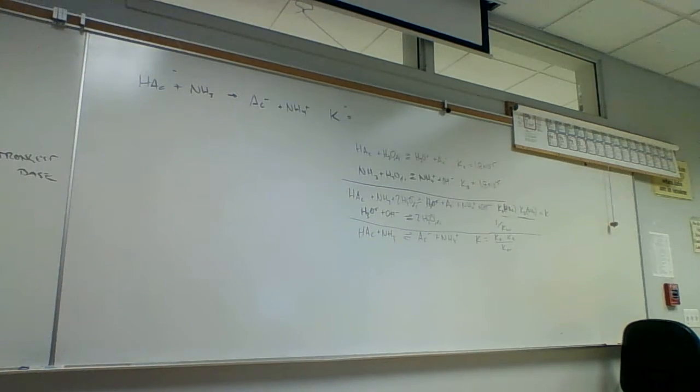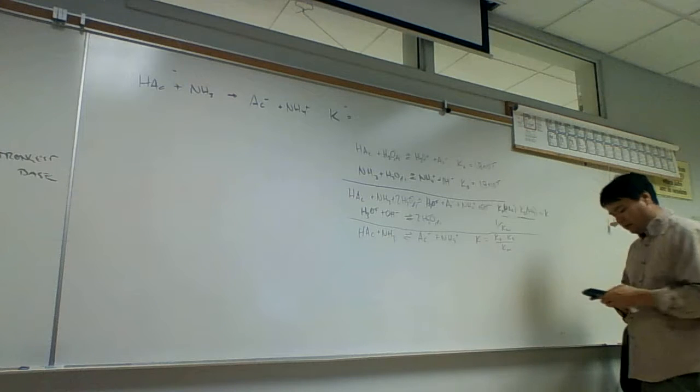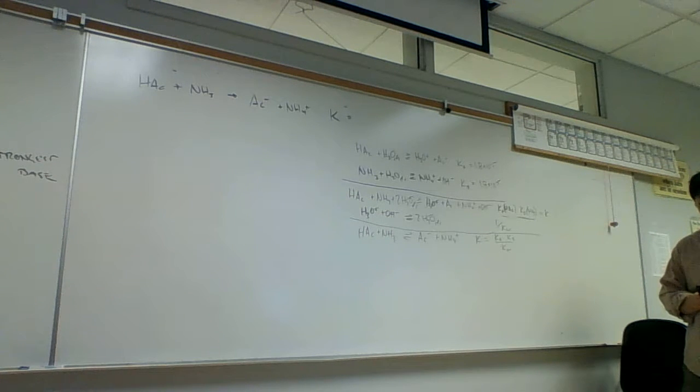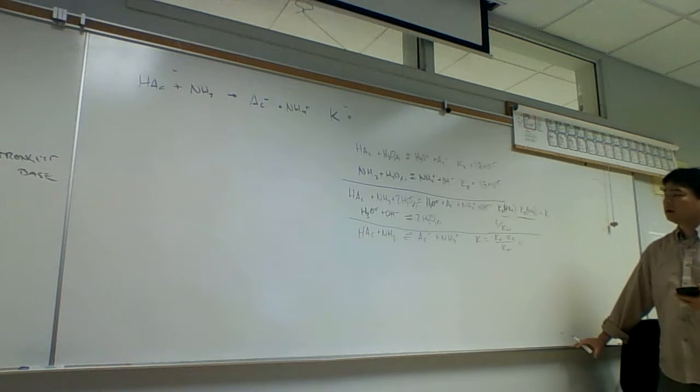Actually, I got the calculator here. Look at 1.8 times 10 to the minus 5 squared, divided by 1 times 10 to the negative 14.